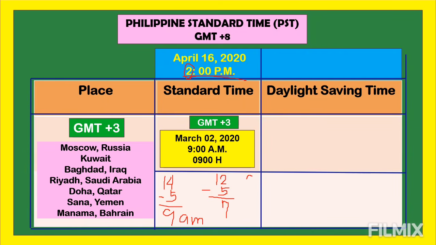If we're going to convert 2 p.m., that is 2 plus 7, which is equal to 9, so that is 9 a.m. These places don't have daylight saving time, so we are just going to convert their standard time.